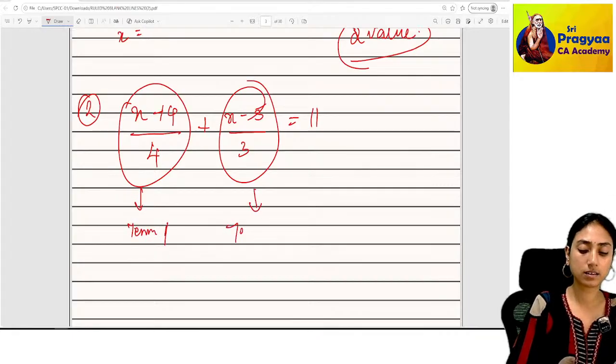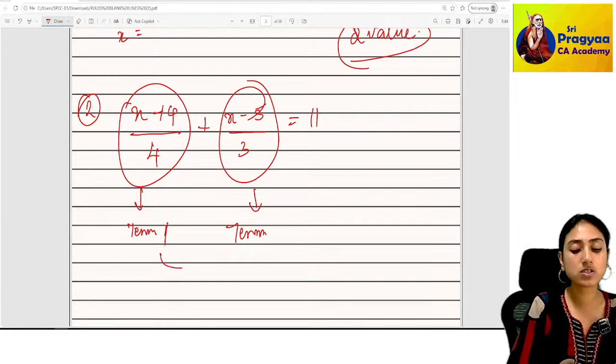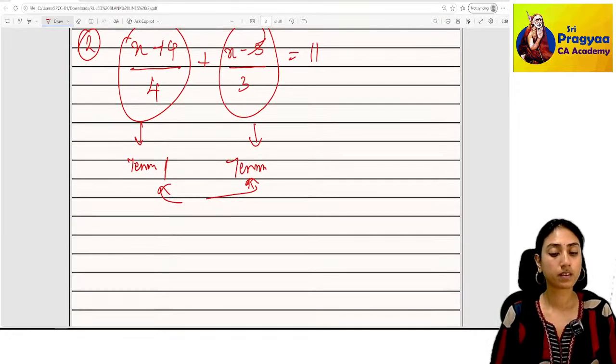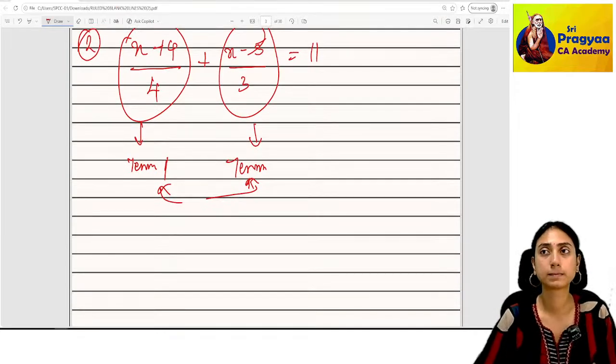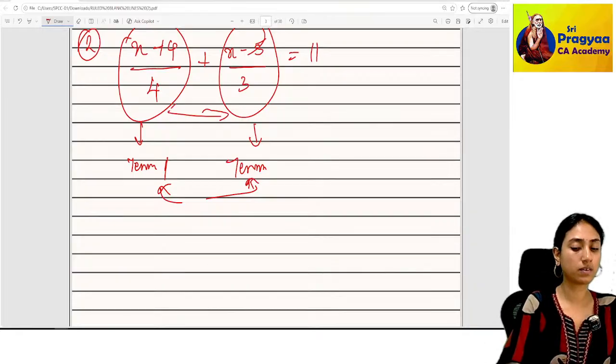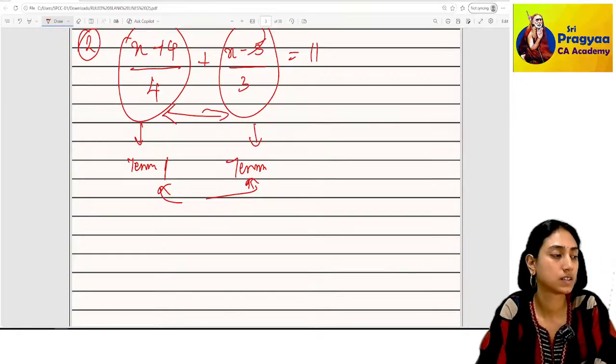This is another term. Can I add these two terms? Are these eligible to be added right now? Yes, no, maybe, I don't know. Any one answer.